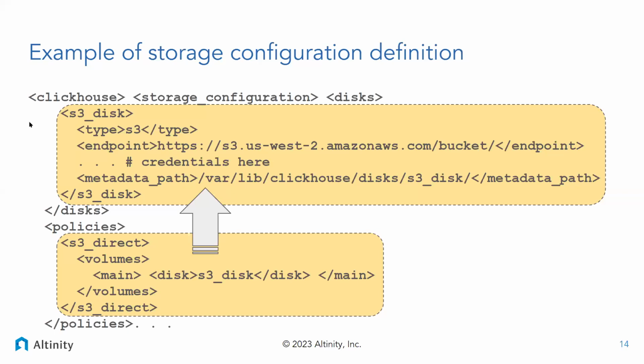This metadata path is very important because it's used to provide information to ClickHouse about where the data, the actual files, are located in S3 storage itself. So that defines the disk, something we can read and write to. Then we have a policy which uses it, and that policy looks kind of complicated. It sets up a volume. The volume contains a disk, and it really just points back to the disk we just defined. So that has now set up this policy, which we can then attach to a table, and that table will be able to read and write from S3.